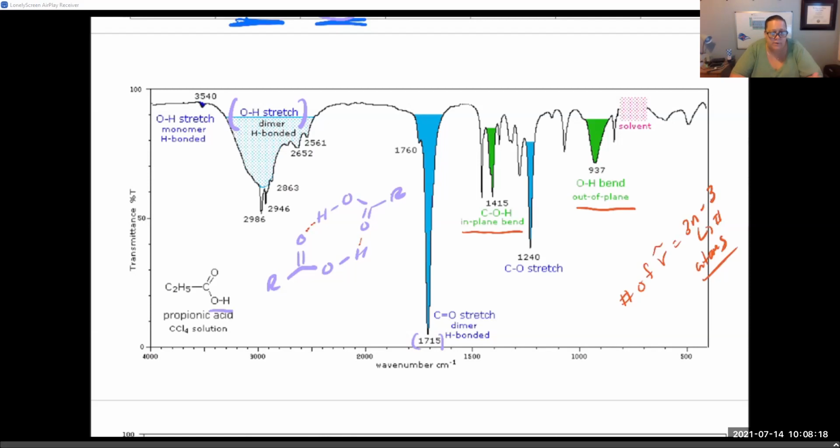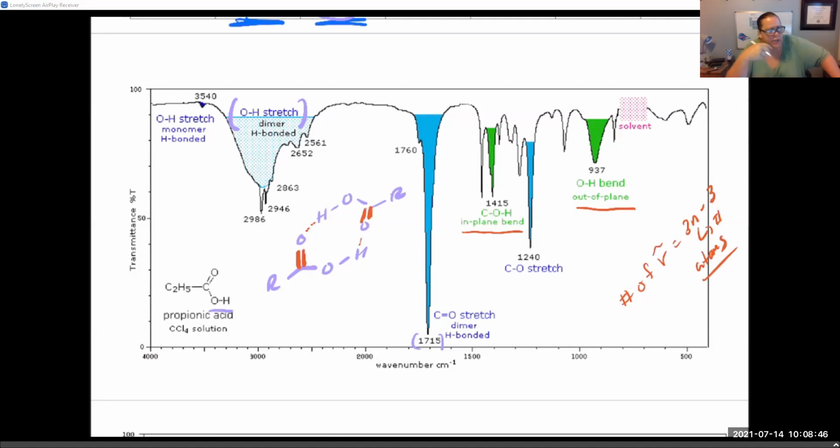If it's in solution, obviously this is fluid. If it's a solid, this is how these molecules will orient themselves when they're building the crystal lattice structure. Of course, good luck getting an IR of a carboxylic acid in the gas phase, but that's what we're looking at here. And so what that does is it weakens these carbonyl bonds.